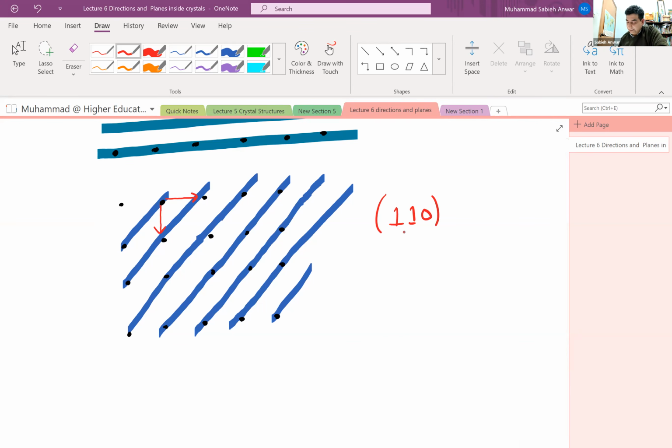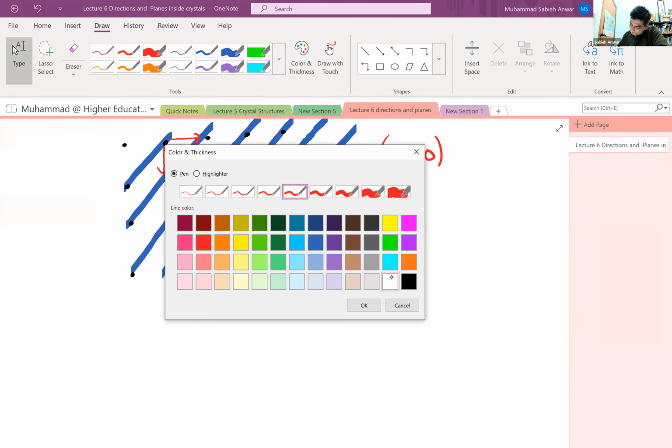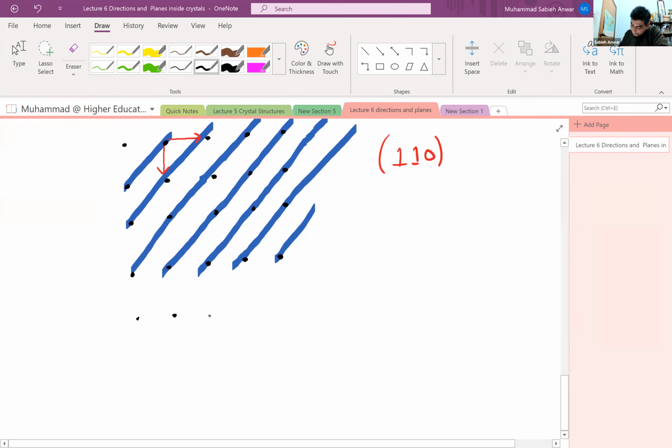All right. So let me draw another scenario. Once again, a square lattice.